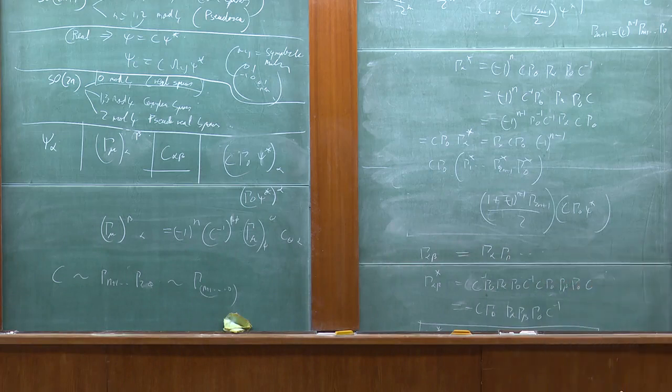So this index structure is very important to keep in mind. Spinors have lower indices. Gamma matrices have one lower and one upper. C has two lower. And gamma 0 psi star has one upper. Psi star then has an upper index.